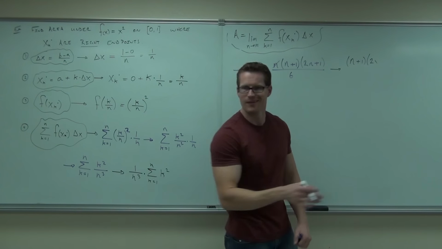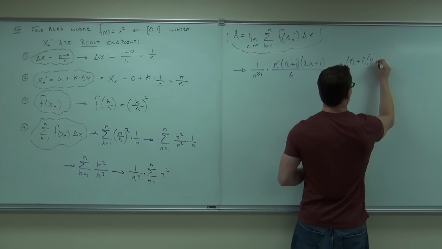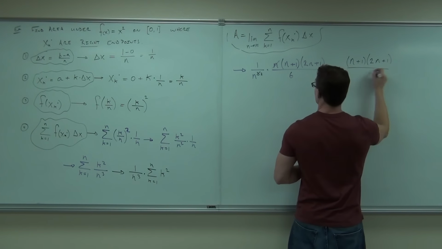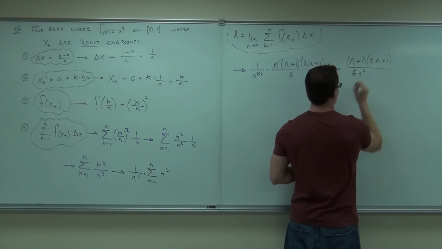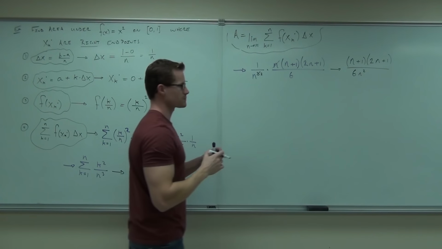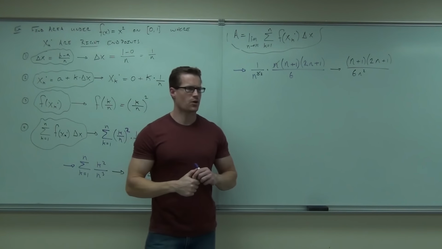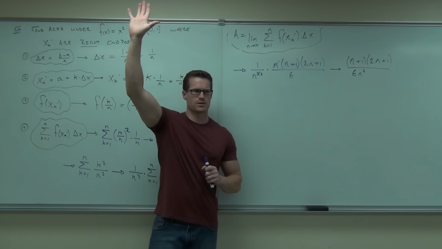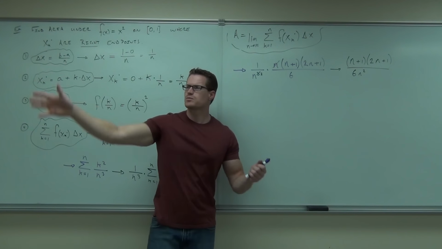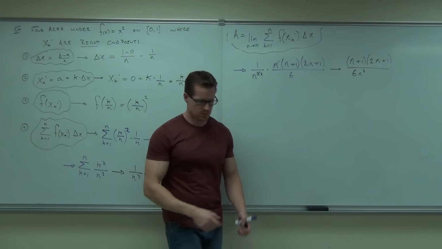That'd be a lot better. Are you still okay so far? How many feel just fine with this thus far? Now you'd probably distribute. Why don't you go ahead and do that?